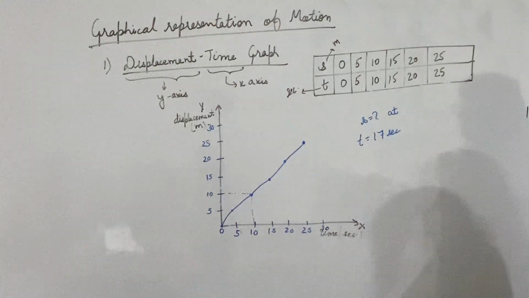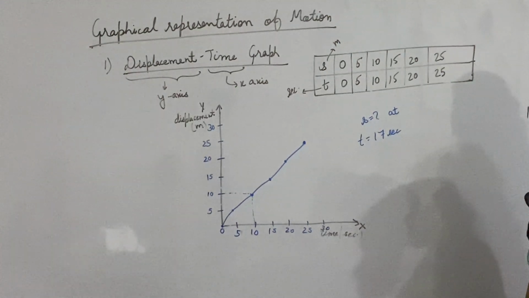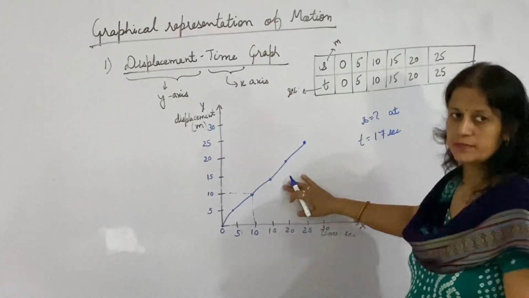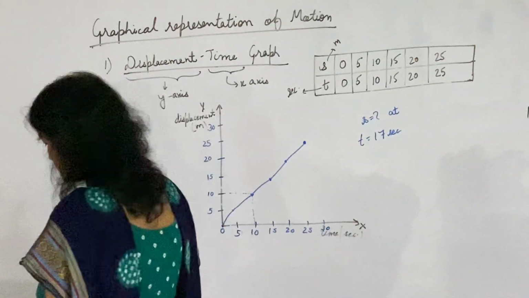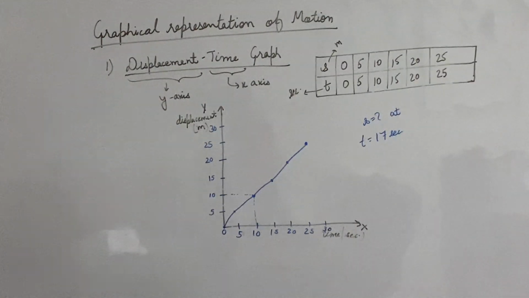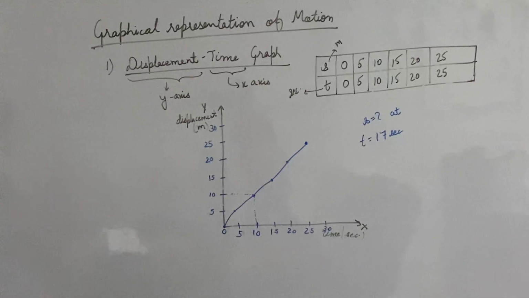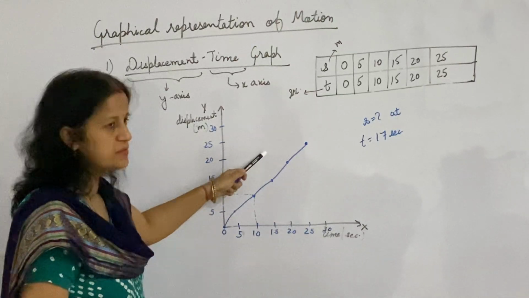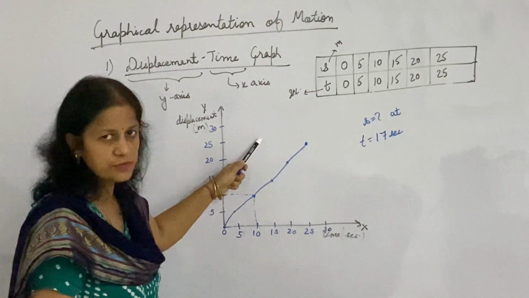Means to say that at any instant of time we can find out the value of the displacement, right? Second thing is the nature of the motion of the particle can be studied. Nature of the motion means if there is a linear line on the graph, it means that object is moving with a uniform speed.